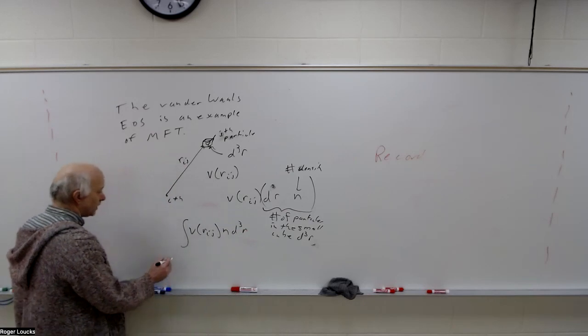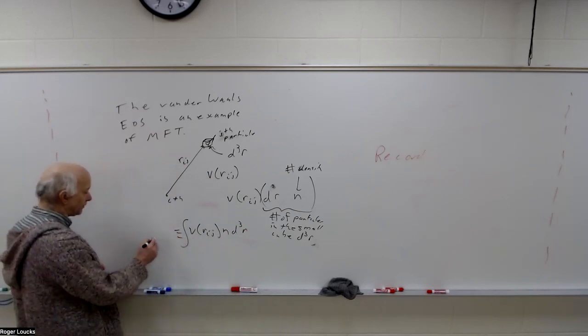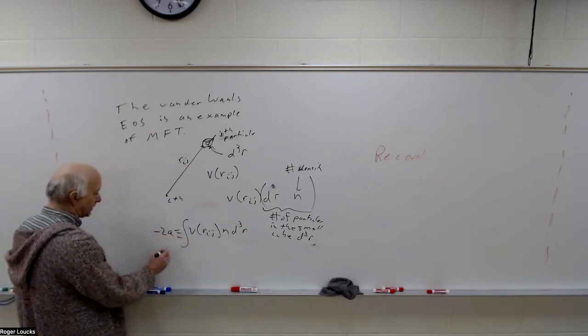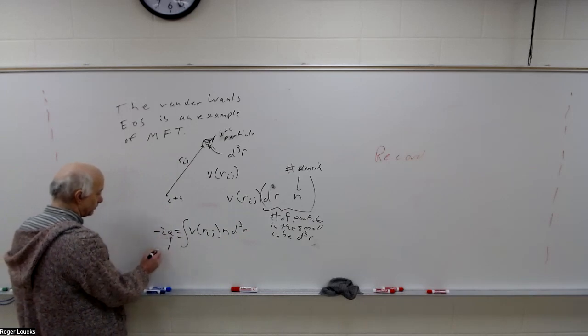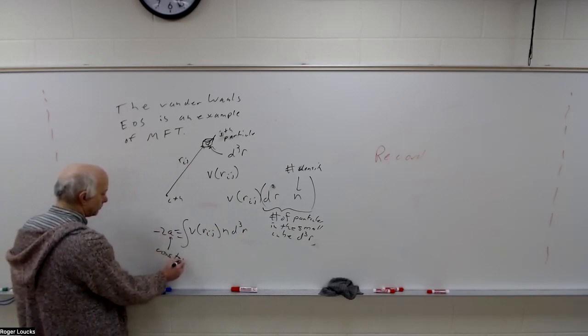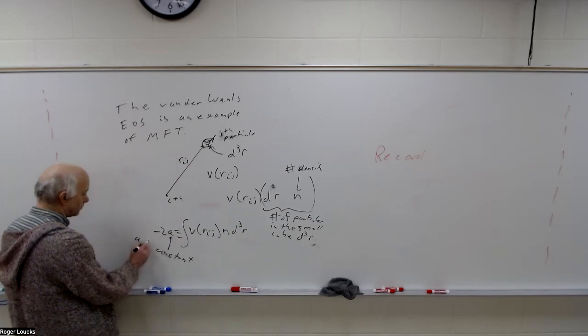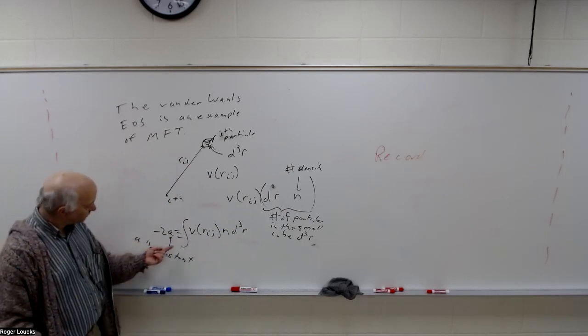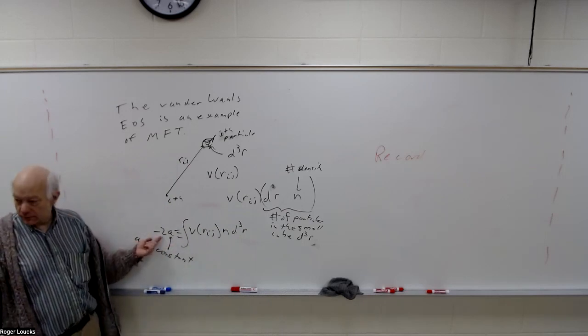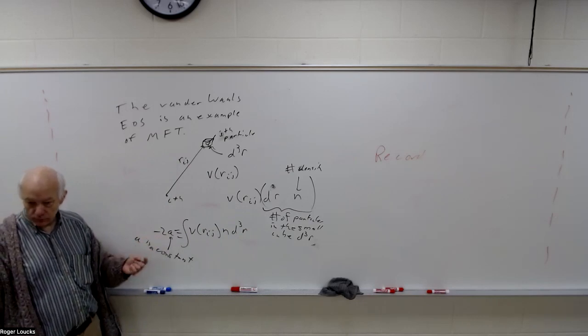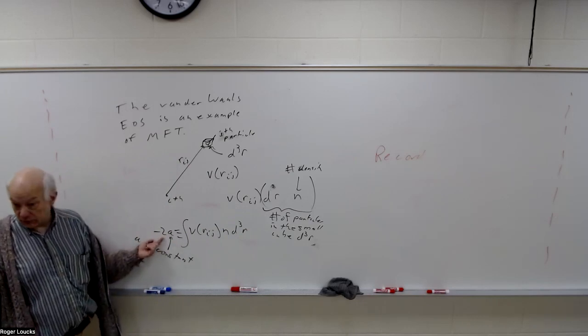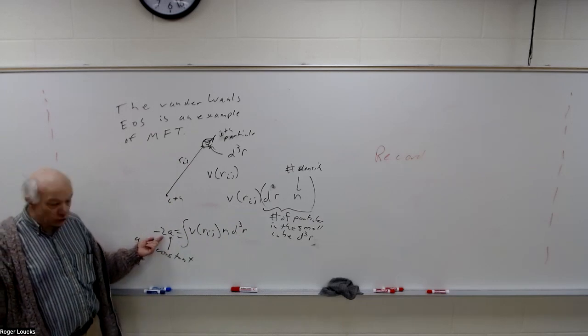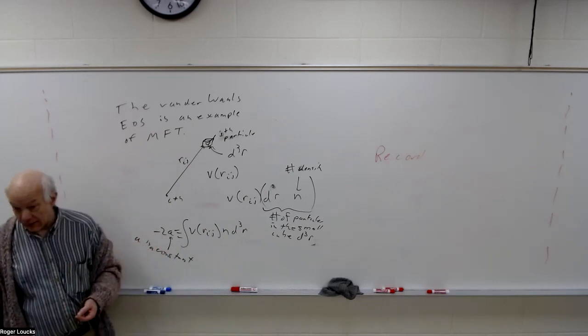By definition, this is going to be minus 2a, where a is a constant. Why did we put that 2 there? If this is a constant, I can always put a 2 in front. I put the 2 in because we're going to get another half, and I want to get rid of that half.